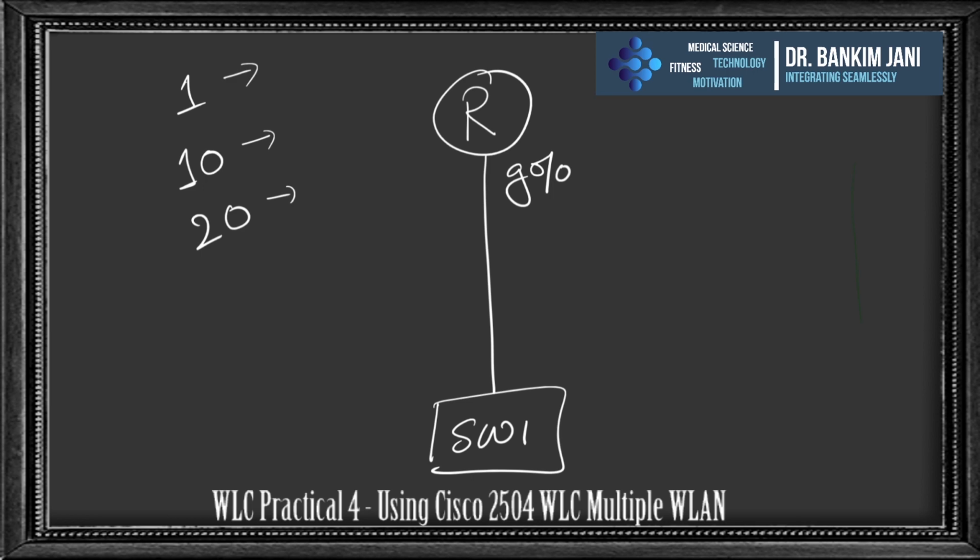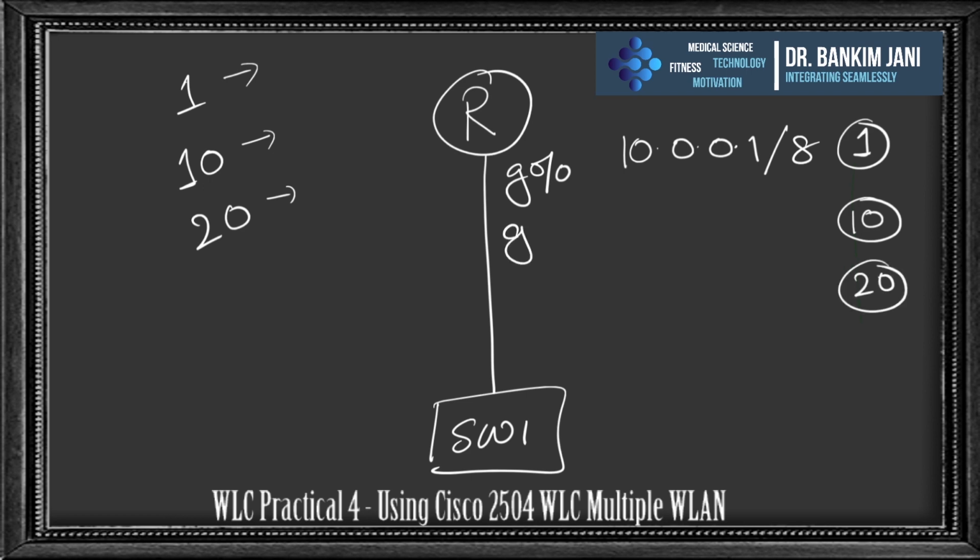So over here, 10.0.0.1/8, this is something which we'll be using for VLAN number 1. For VLAN number 10 and VLAN number 20, we'll be using what's called a sub-interface, right?